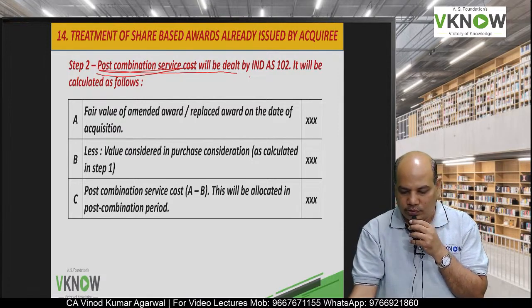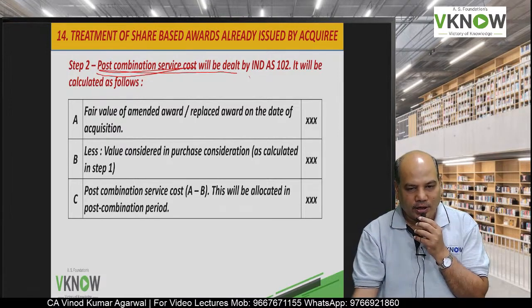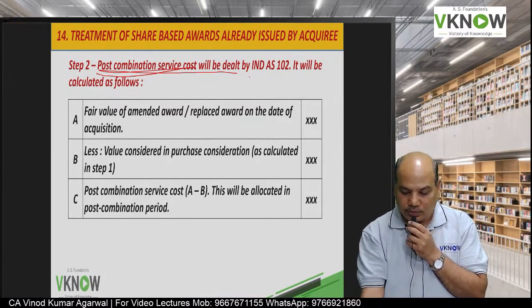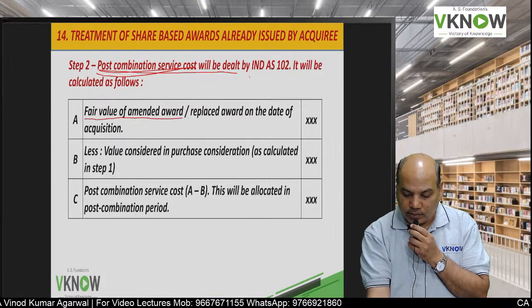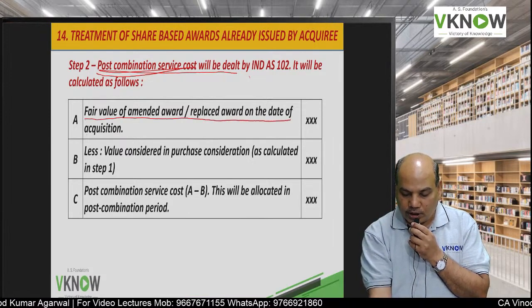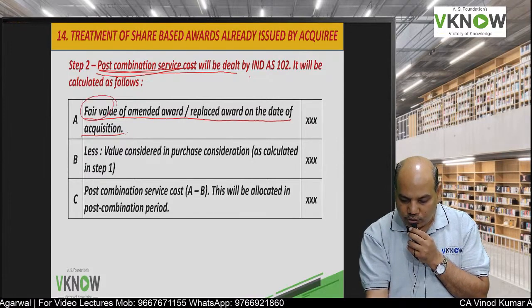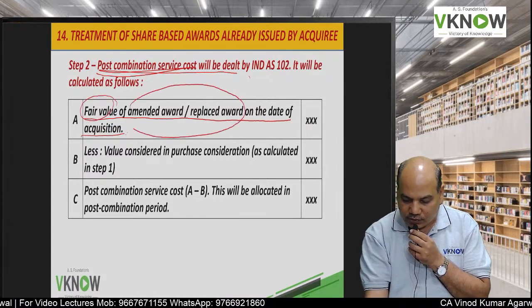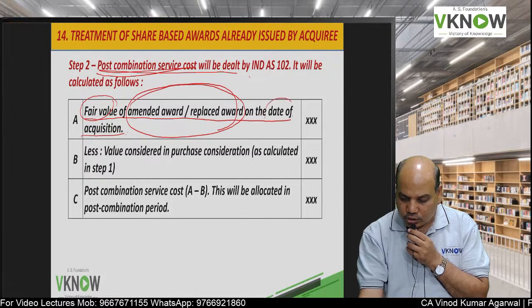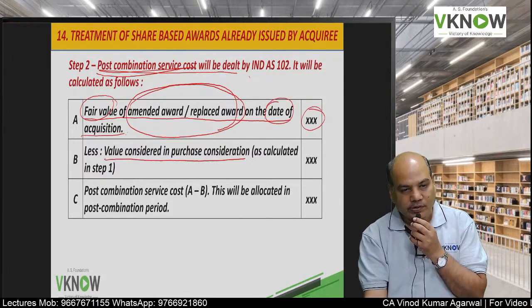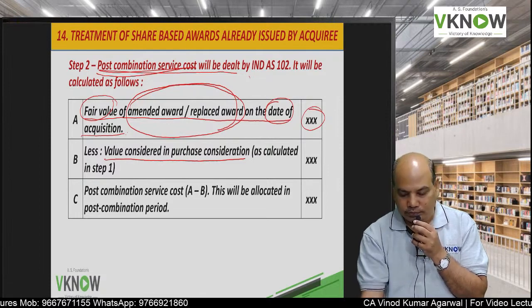Post-combination service cost will be dealt with as per IND AS 102, and the calculation will be fair value of the amended award or replaced award on the date of acquisition. So here I will take fair value of the replaced award, new award on the date of acquisition, minus value considered in purchase consideration, previous step 1.